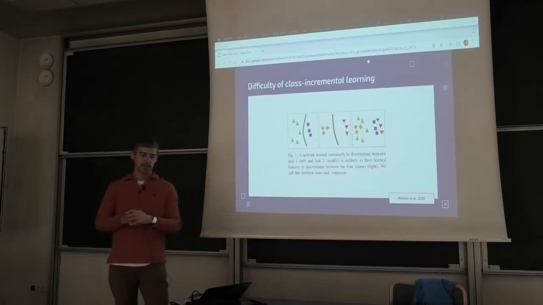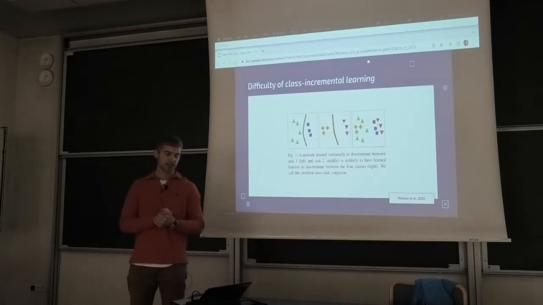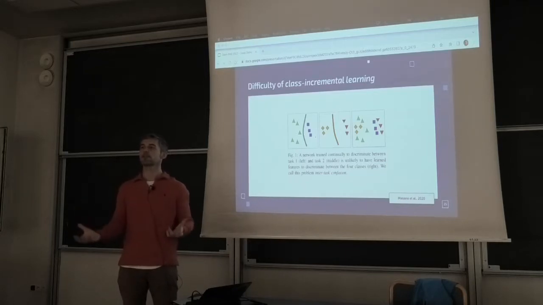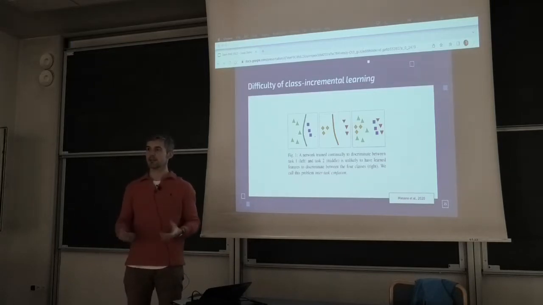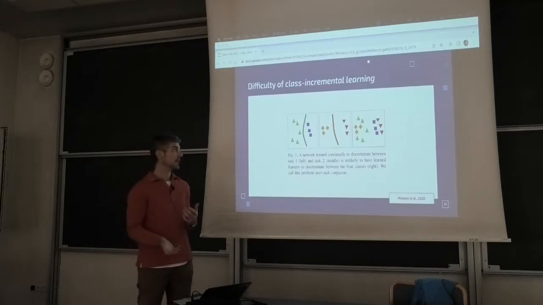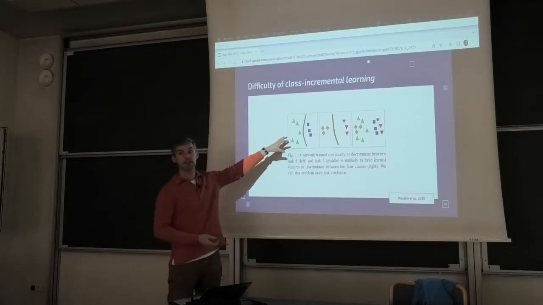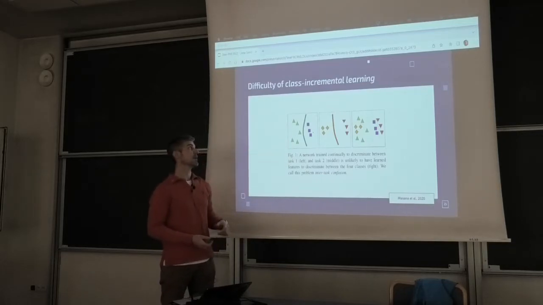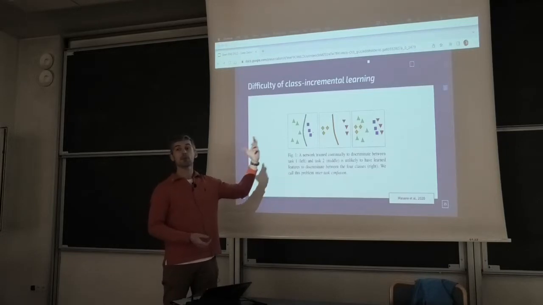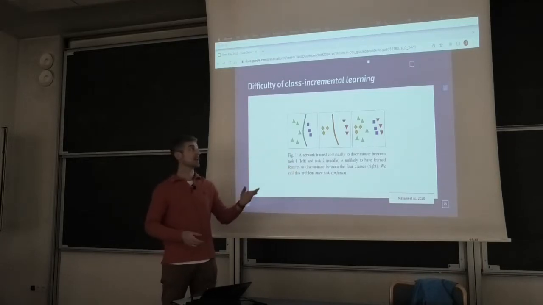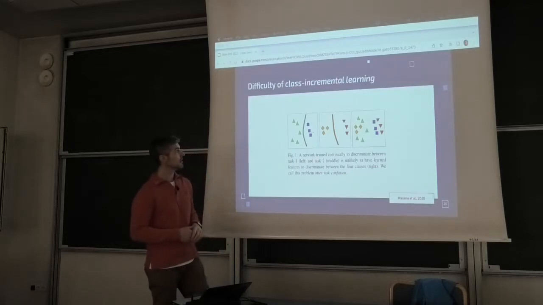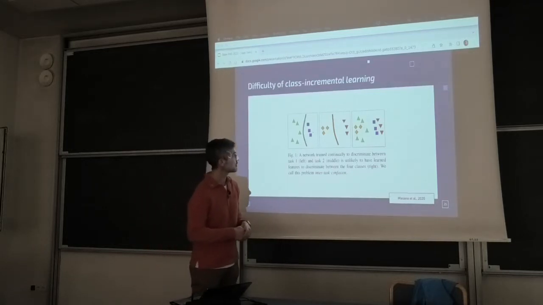So I think I kind of hinted at it before, but just to help you realize how difficult a problem we're setting in this class incremental scenario: what we're expecting the network to do is to first have task 1, where it needs to discriminate between triangles and squares. Then we're adding new data on task 2, with the triangles rotated and the rectangles also rotated.